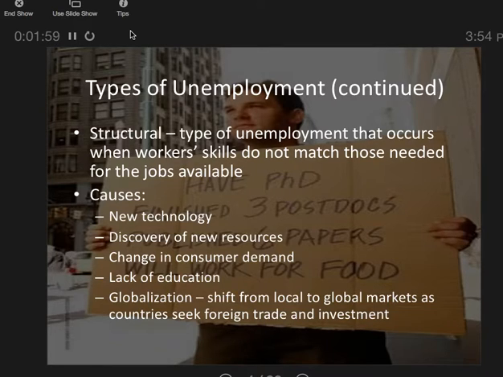This one occurs when the worker's skills do not match the jobs that are available at that time. And there are quite a few reasons for this type of unemployment. This is not the type of unemployment that you want to be in. This means that your skills and your human capital are outdated and don't match what is out there.